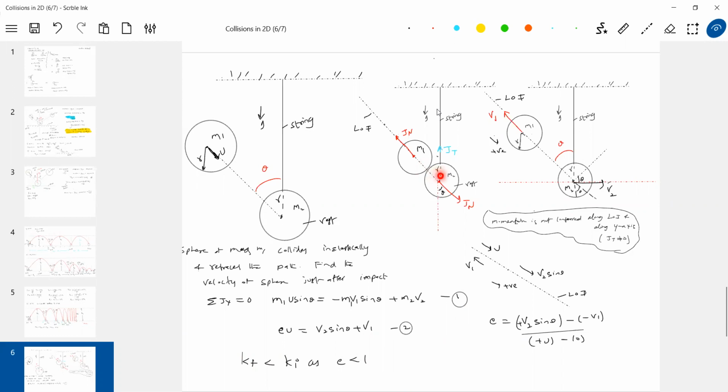Tell me where all that loss goes. That is only Vn sine theta. See, this is V1 sine theta, so m1 V1 sine theta plus m2 V2. I wrote all things clearly, equation 1. You make observation.